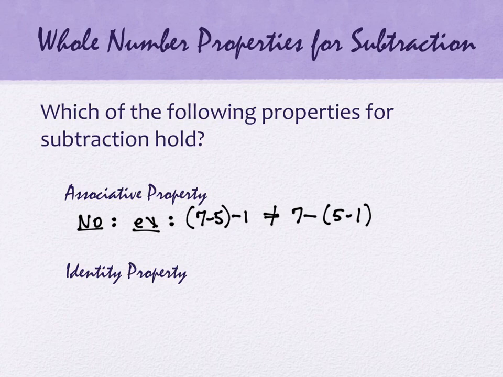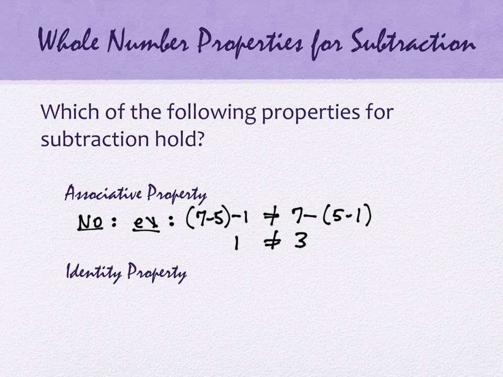Okay, and you chose good numbers. The order you chose them in is really nice because it's all still whole numbers. So that was very forward thinking. If I do 7 minus 5, I get 2. 2 minus 1 on the left-hand side would be 1. But on the right-hand side, I'd start with 5 minus 1, and 5 minus 1 is 4, and then 7 minus 4 would be 3. Yeah, associative property doesn't hold.